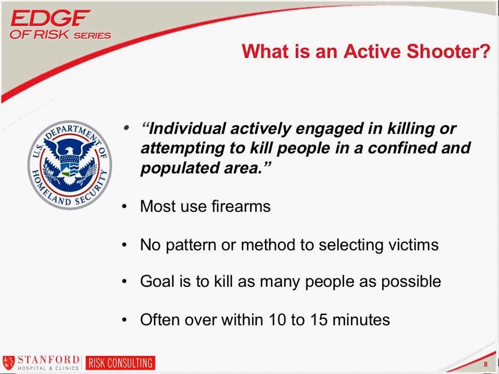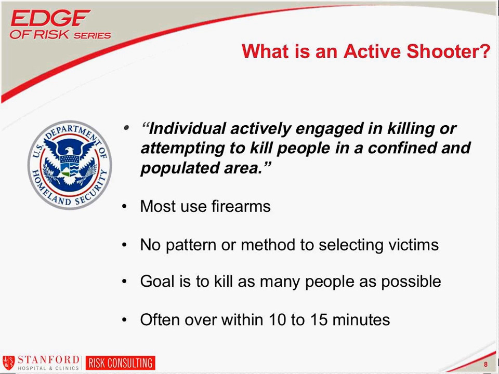So let's get started. At the outset, let's consider the term active shooter. As demonstrated by the infamous Columbine tragedy, the U.S. Department of Homeland Security defines the term to mean an individual actively engaged in killing or attempting to kill people in a confined and populated area.